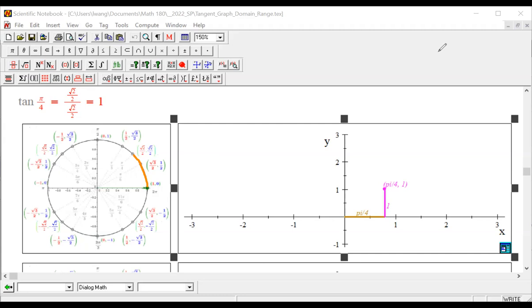And next, okay, let's look at pi over 3. So we're moving from 0, right? Our terminal is not this color. Okay, let me change the color. So from 0, we're going counterclockwise from pi over 4 toward pi over 3.